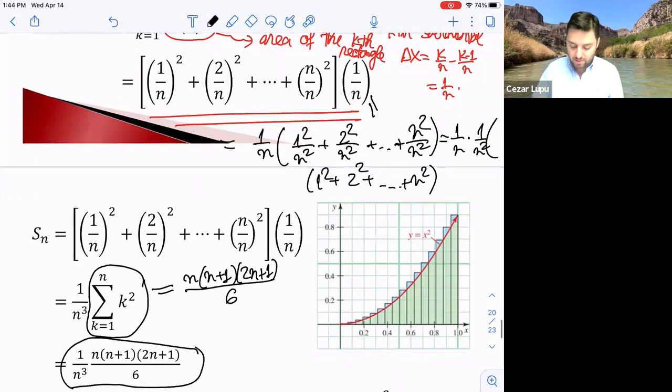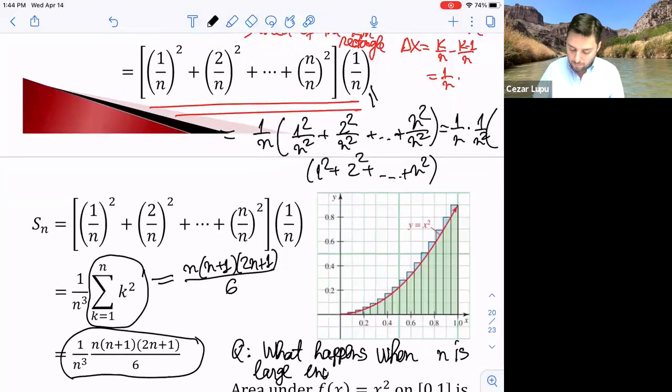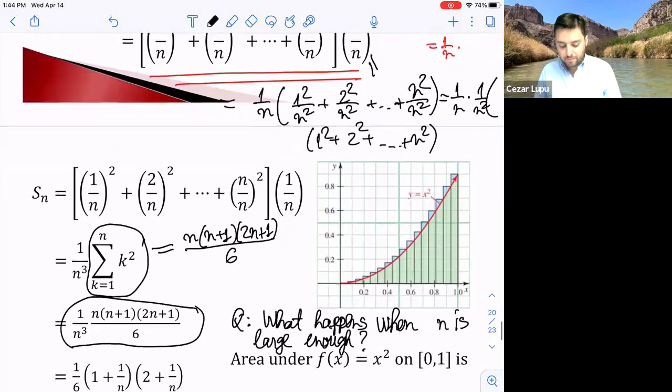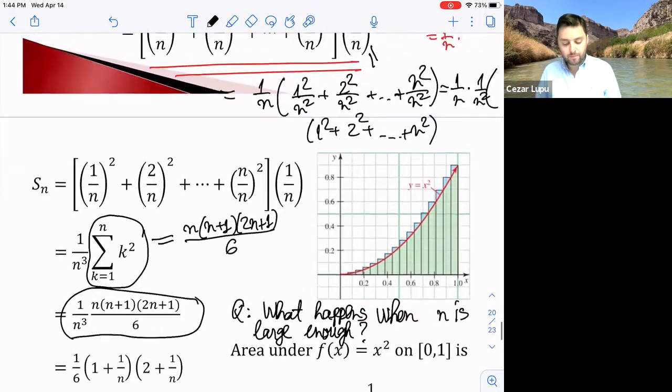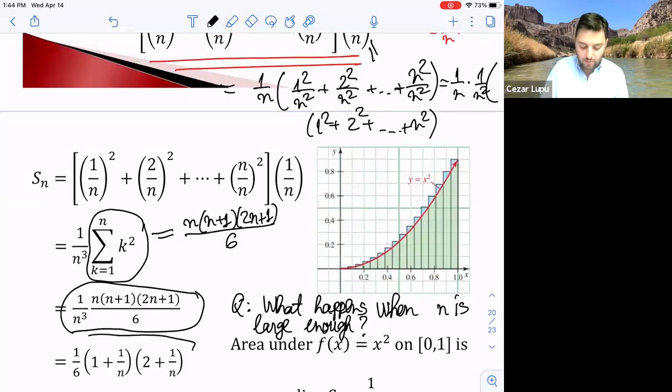So the question is, what happens when n is large enough? In other words, as n approaches infinity. Well, you can write this in this way as well. And as n approaches infinity, can you tell me this will approach what?